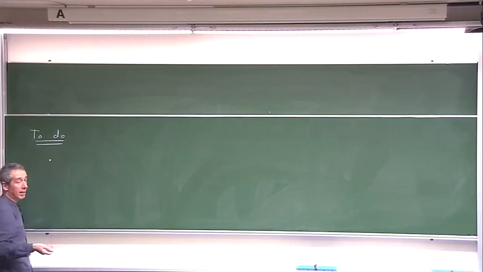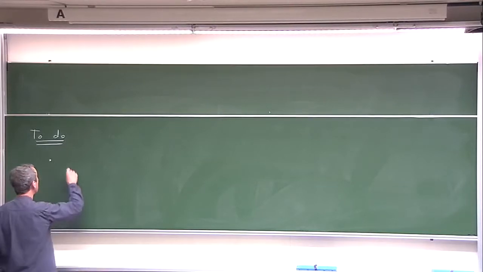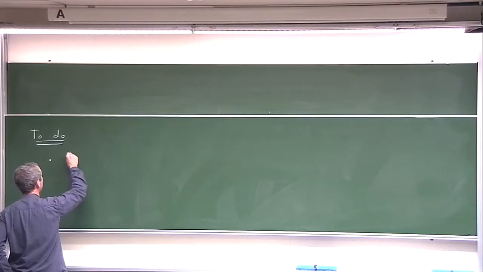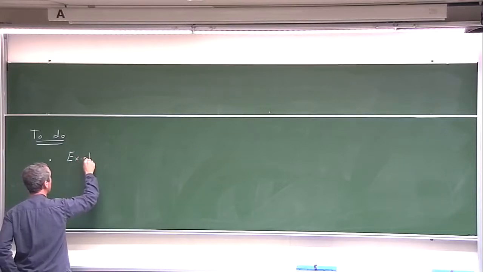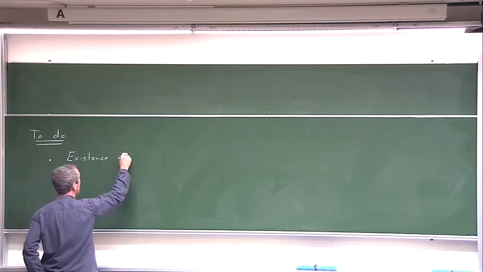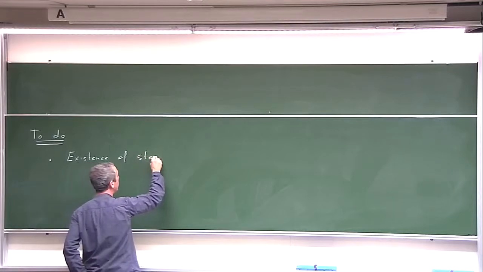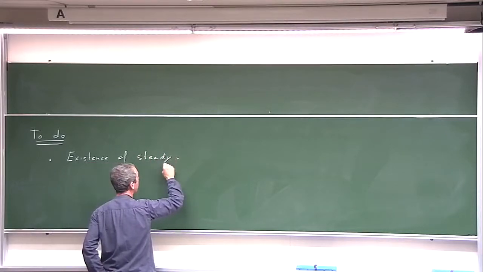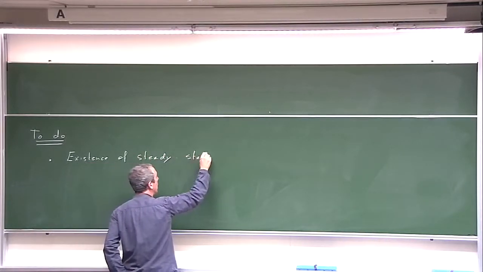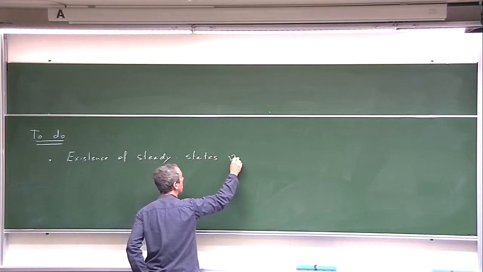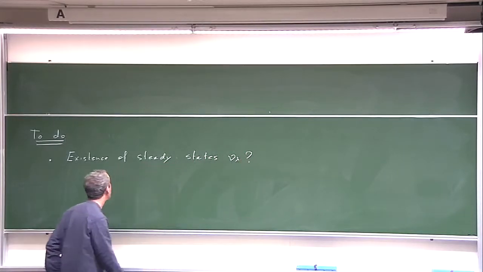One is proof that there are steady states. So there is a problem about the existence of steady states. You remember the question?